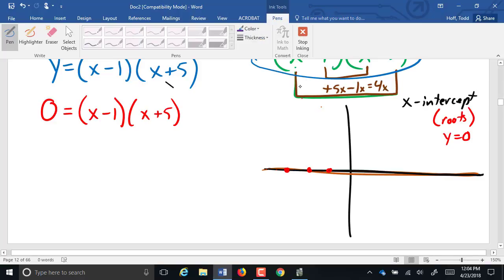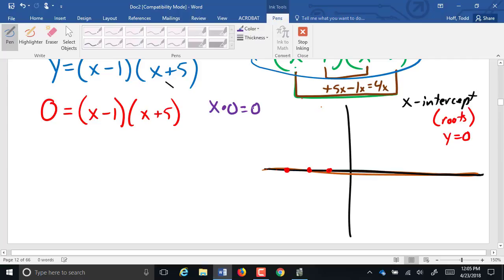A parabola will have two roots if it crosses the axis. There are some that don't cross the axis, they have no roots. That's beyond the scope of what we're going to cover here. So we talked about our zero product rule a little bit in the second week of the class. The zero product rule being that any number times 0 equals 0.